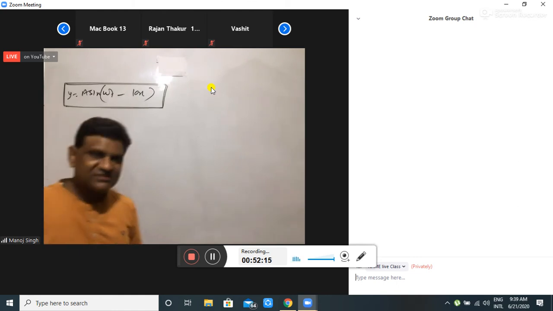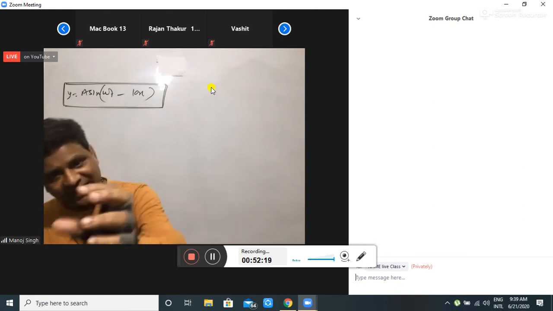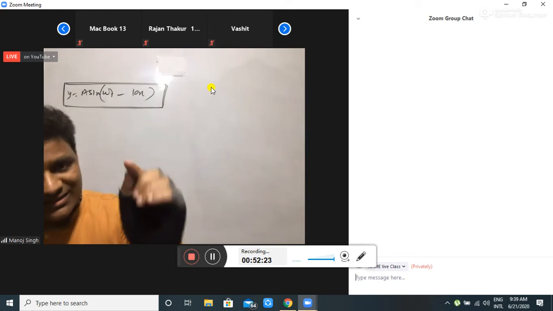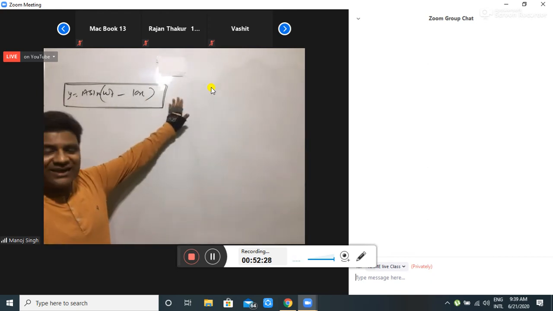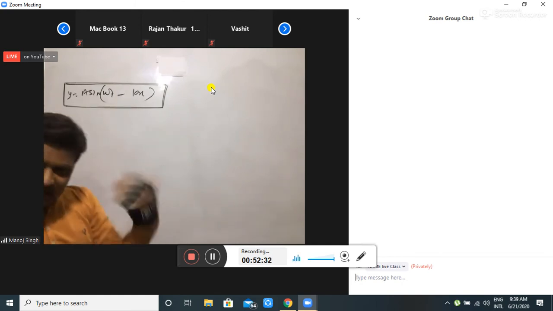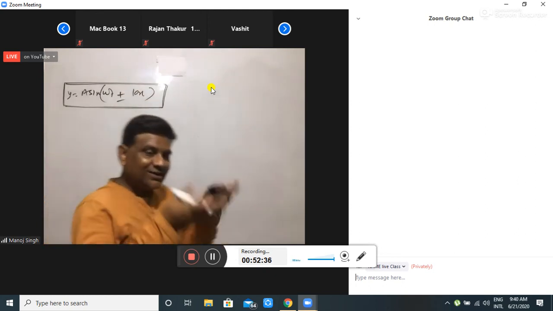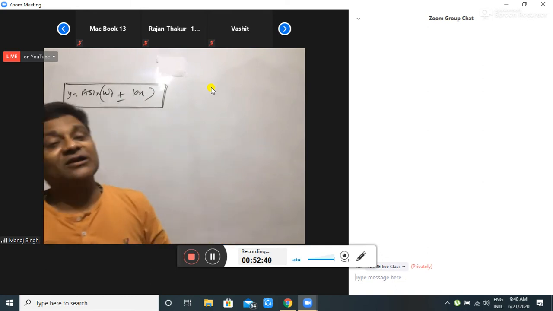Now what we have to discuss next is the displacement, velocity and acceleration of the particle of the medium with the help of this type of equation. Whether it is minus or plus is not a matter here. This plus or minus sign only represents the direction of propagation of the wave.